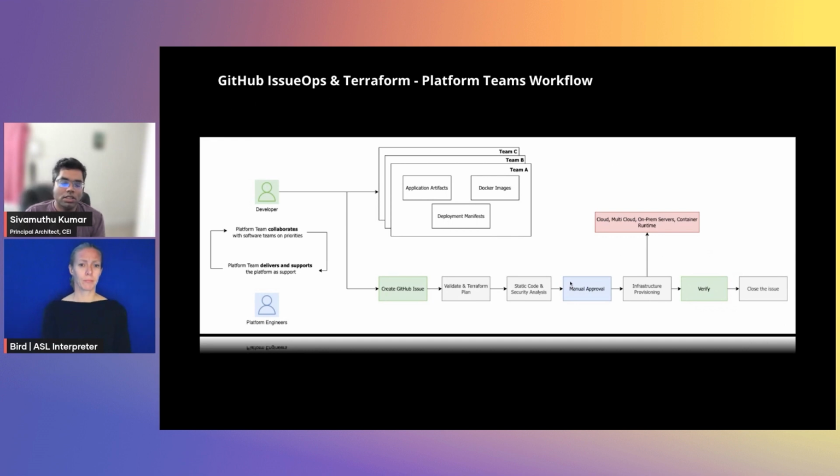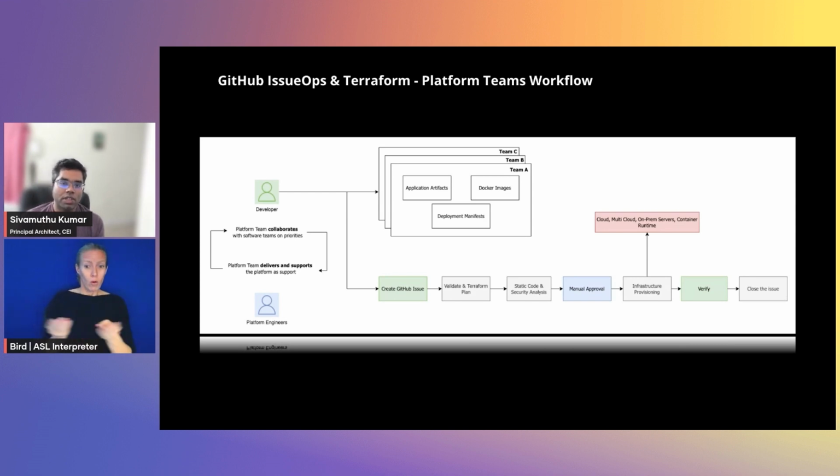Okay, so this is the overall diagram which we have explained. We have the app developer team and the platform engineering team. The developer is focusing on building an application artifact, building the Docker images, which is also an artifact, or deployment manifests for deployment. The platform team collaborates with the software teams on priorities: how is your overall solution architecture changing?